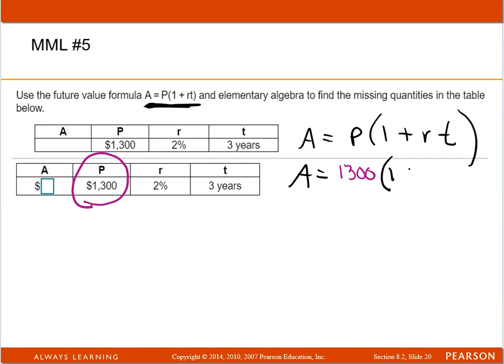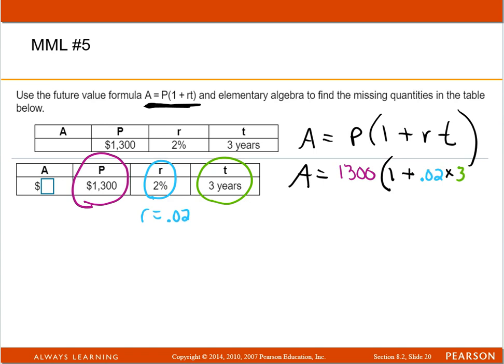and then it's 1 plus, now your interest rate is 2%. So remember, you have to divide that by 100, which makes it 0.02. And then you're going to multiply that times the number of years, which is 3 years.